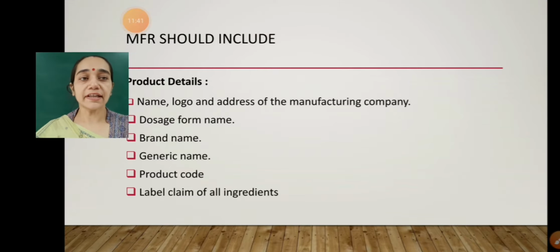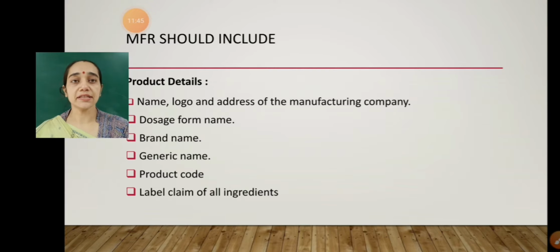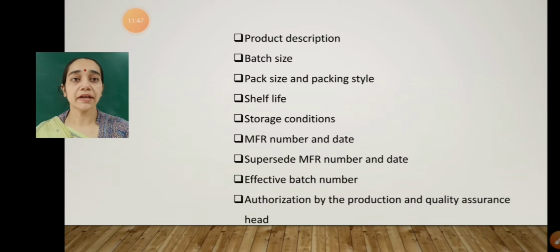Now after the label claim, the next part included in this master formula record will be the product description. What kind of product it will be: immediate release, modified release, for a particular kind of disorder, showing a particular release behavior.